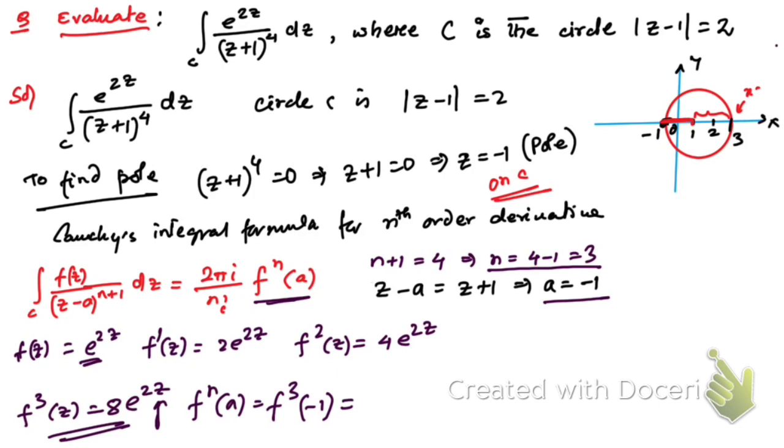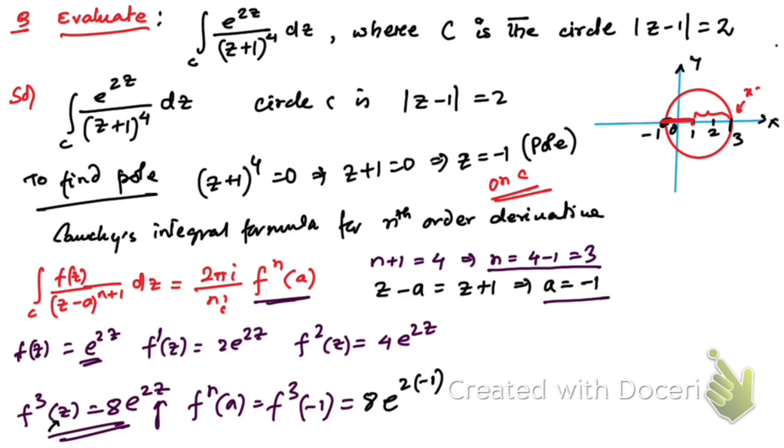So here it is z, and if you put a, then it's going to be e to the power 2a, and the value of a is nothing but minus 1, right? That's what we have got.